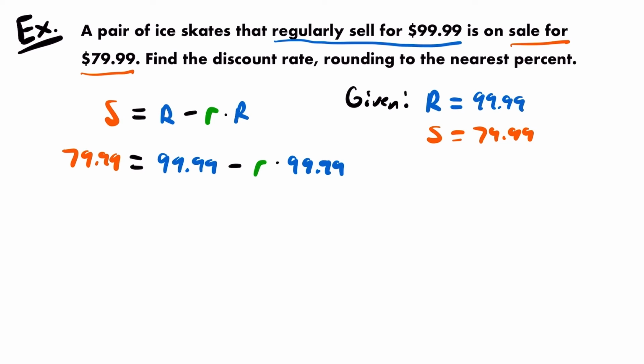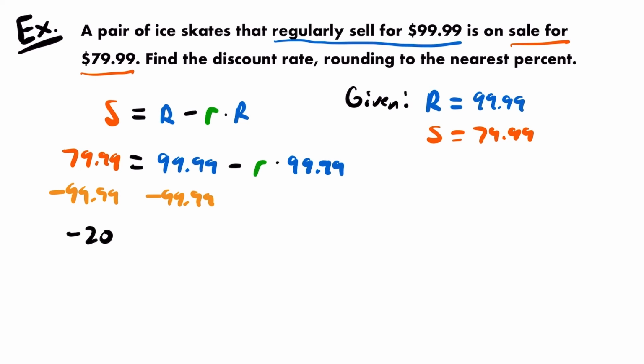So the first thing we need to do is isolate that variable term. And so we can do that by subtracting 99.99, this constant, from both sides of the equation. So let's do that. We'll subtract 99.99 from both sides. 79.99 minus 99.99 is negative 20.